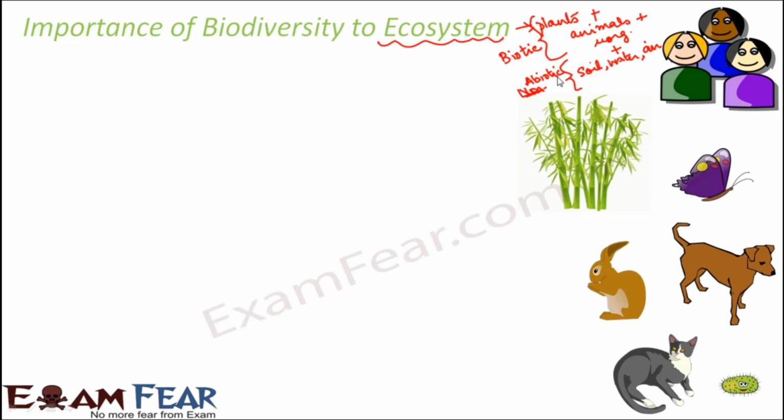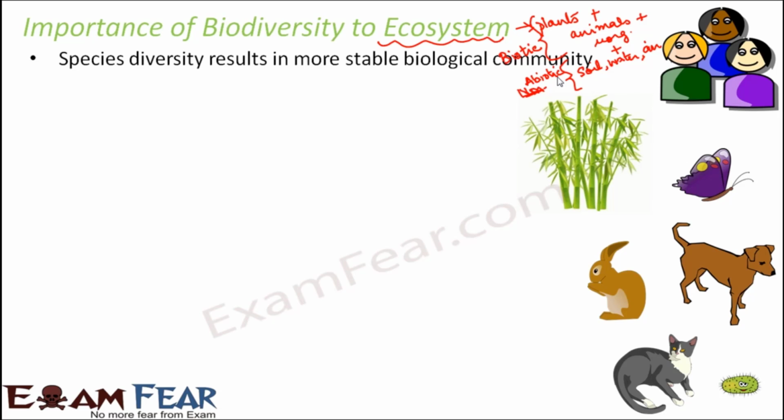Now let us see how having a huge variety of living organisms helps. Species diversity results in a more stable biological community. What do we mean by a more stable community? Different living organisms depend on each other and also on non-living components for their existence and sustenance.